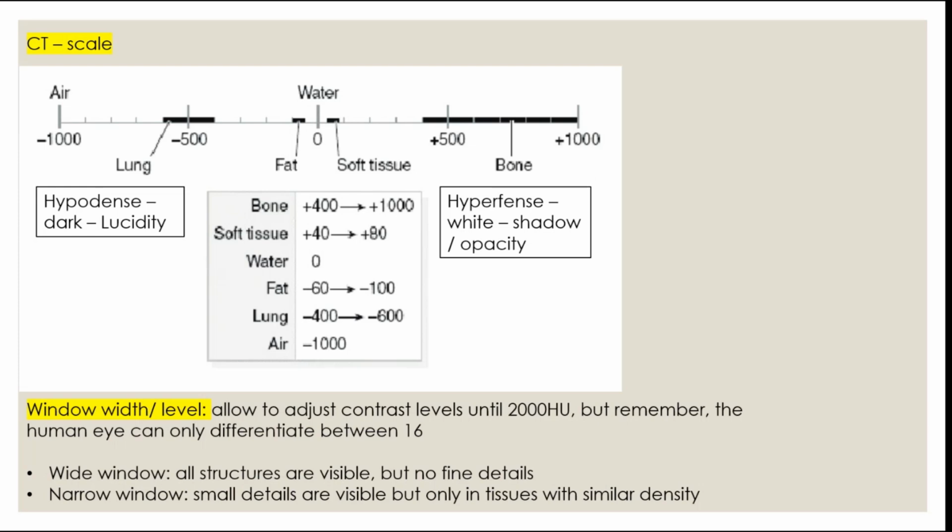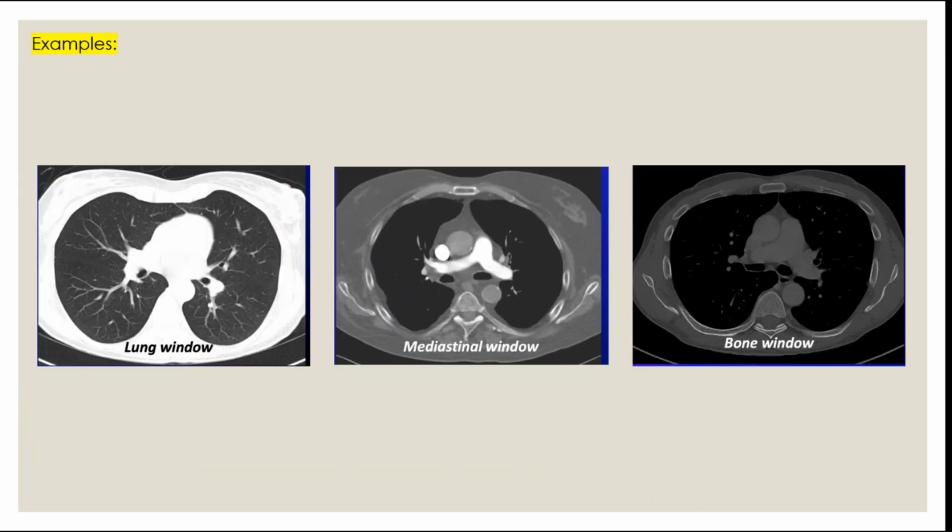For example, if they would like to ask you, I want to see a soft tissue window, or a bone window, we can skip to the next one. If he wants to see the lung window, it has to be around minus 500.